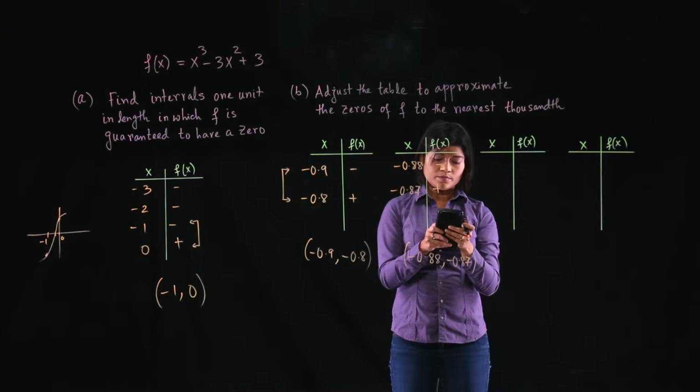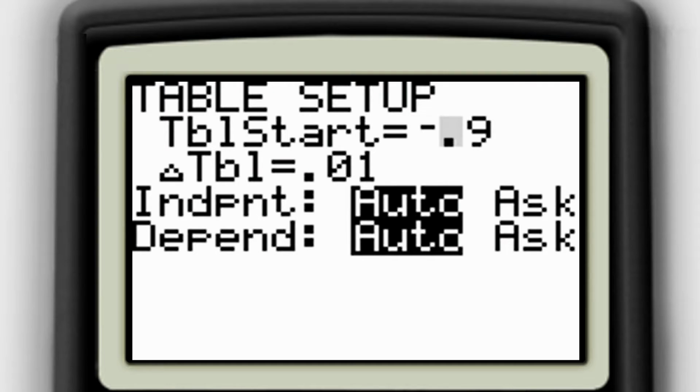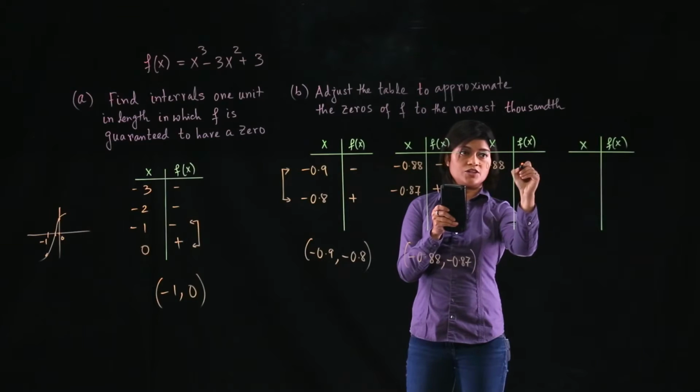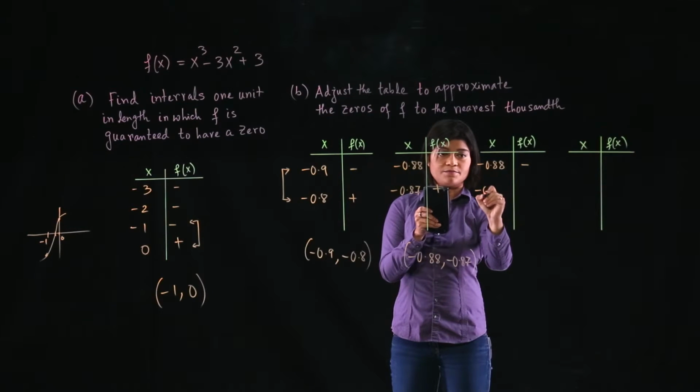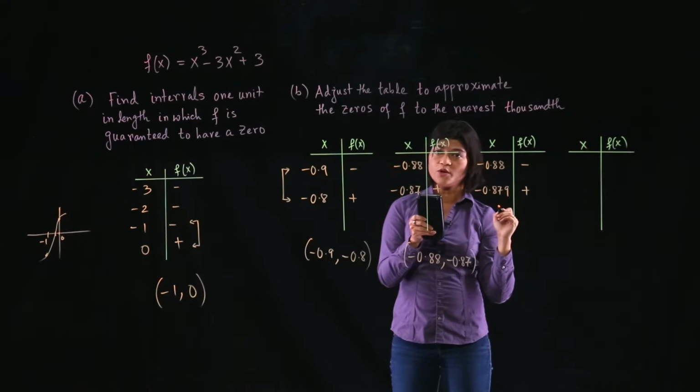So now, in your table feature, plug in the starting number to be negative 0.88 and change the length of the interval to be 0.001. Okay, so we get at negative 0.88, the function value is negative. At negative 0.879, the function value is positive.